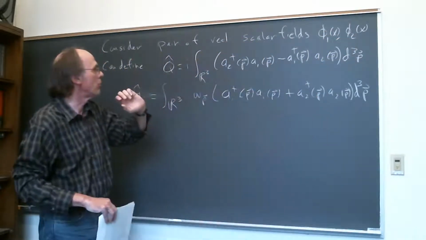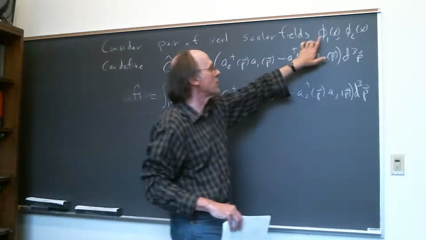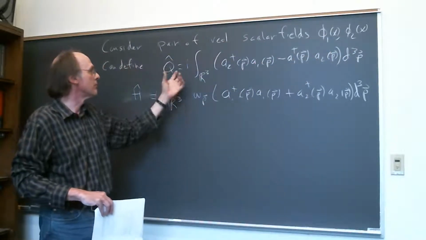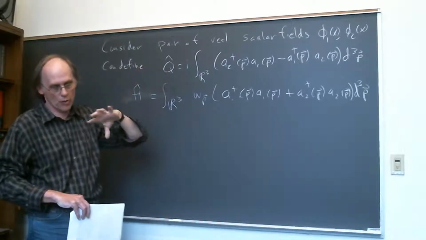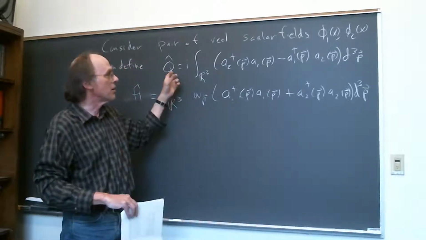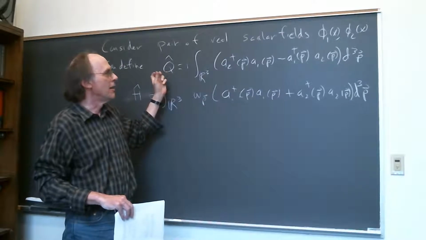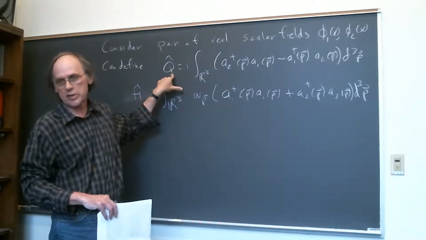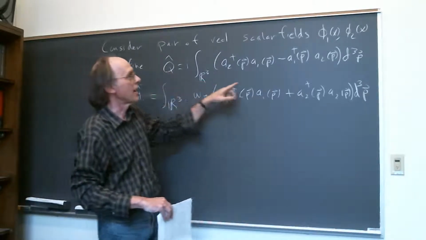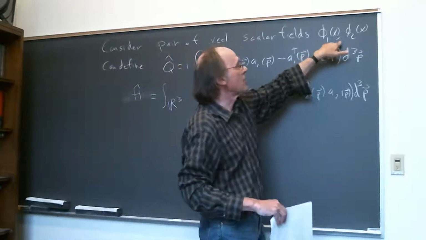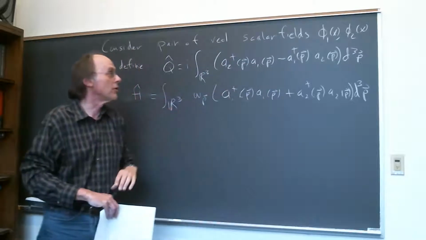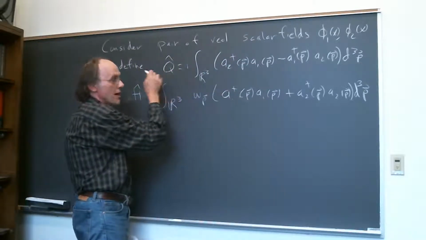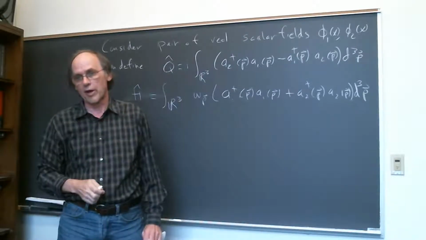The problem with working with two real scalar fields is that they're not eigenvectors for the symmetry generated by this operator. So you want to take phi1 plus or minus i phi2, and that will give you the eigenvectors, which have a well-defined charge.